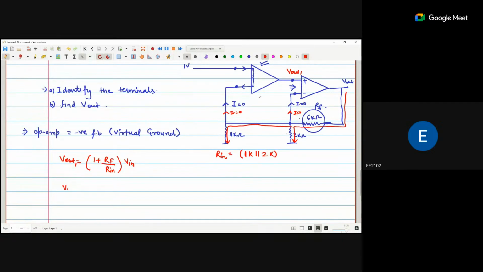Okay, and V out is 1 plus RF divided by RIN times V out 1, which is your overall V out. Okay, now you can calculate what is the V out. Any doubt?